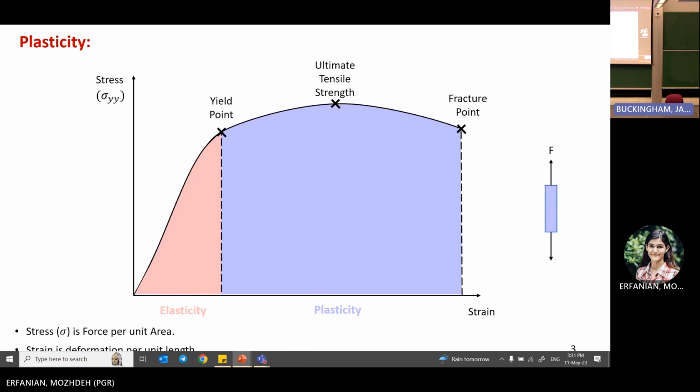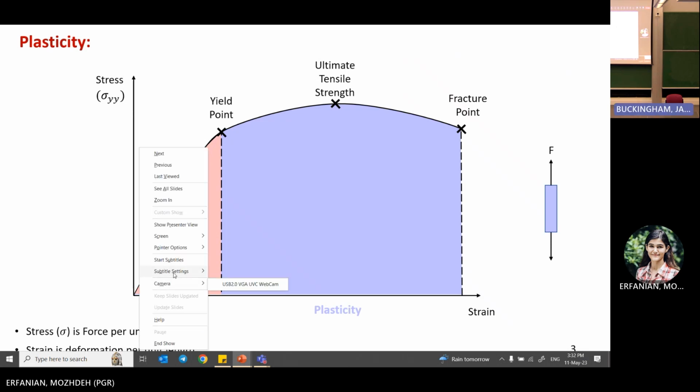In order to construct a model for this process, we need to know how metals behave under force. If you go to WMG or other places where materials are tested, you can find them spending lots of time plotting curves like this. This is a stress-strain curve, stress versus strain.